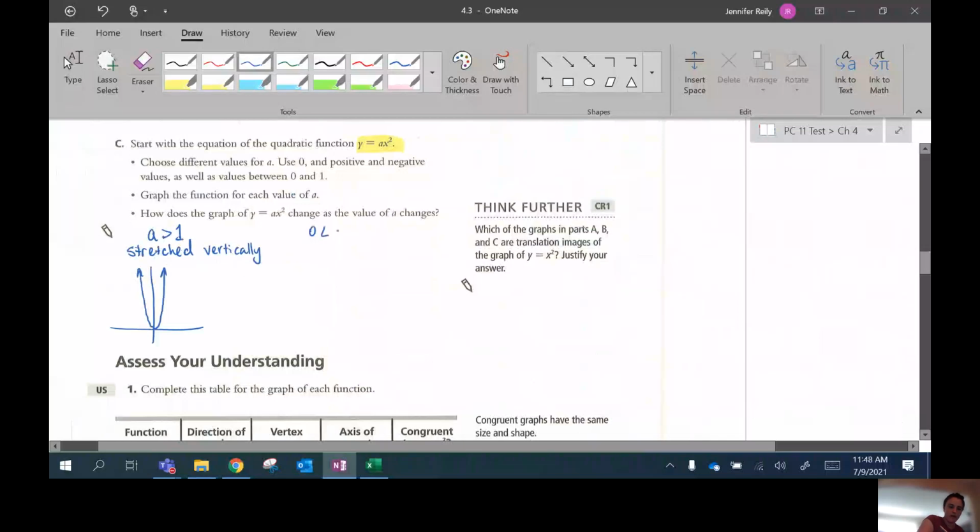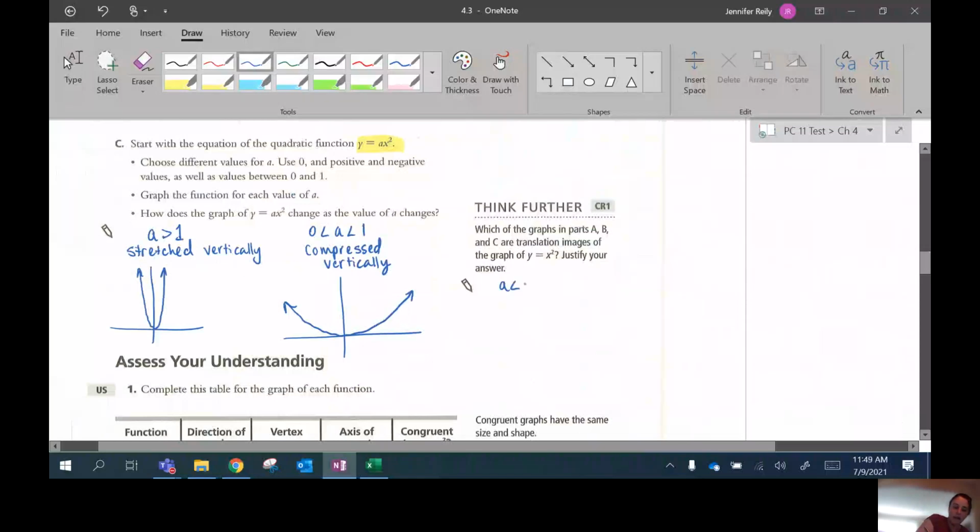If a is between 0 and 1, for example 0.5, it's going to be compressed vertically. So maybe something like this. Notice the vertex doesn't change in any of these scenarios. It's just stretching it or compressing it.